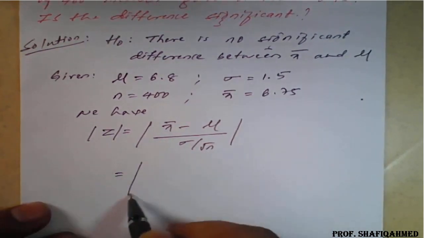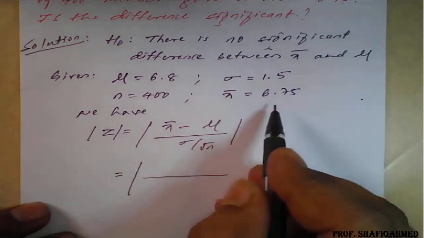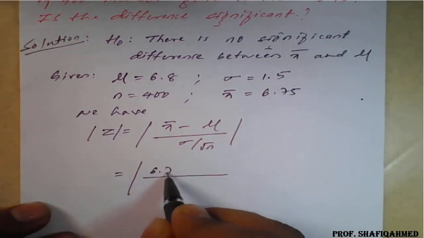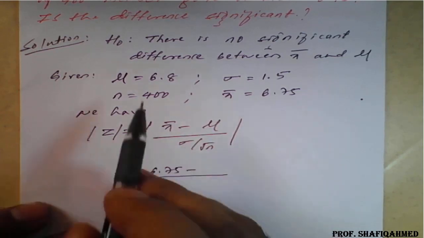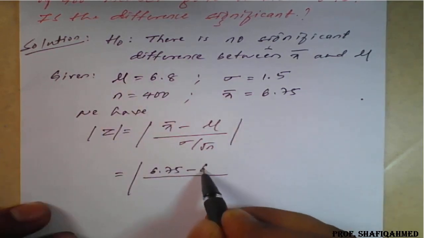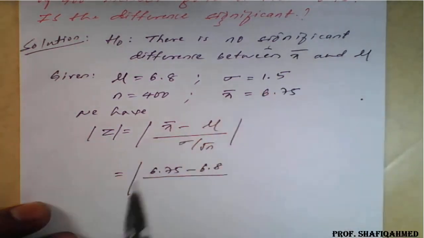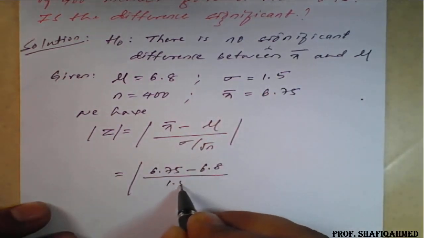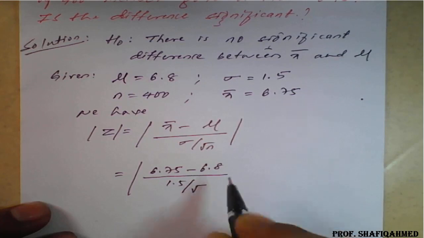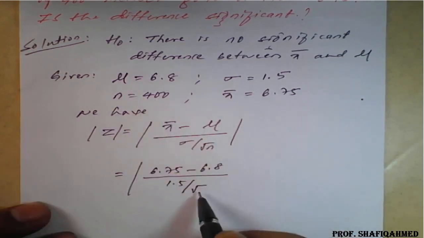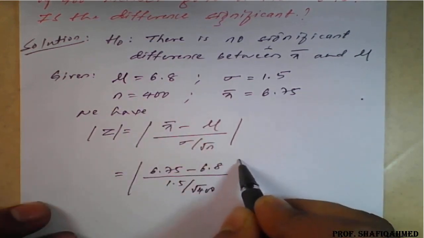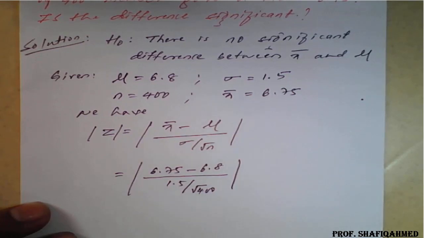Here the x bar value is 6.75, minus the mu value 6.8, divided by the standard deviation value 1.5, divided by root of n, where n is 400. Simplify this with the calculator.